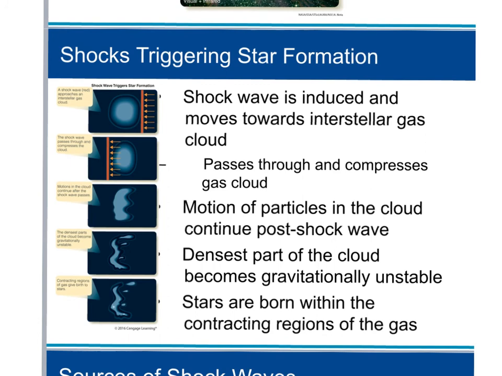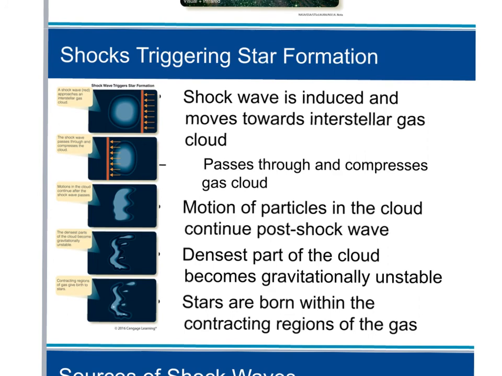In short, that wave passes through the cloud, and it begins to compress that gas. The motion of the particles in the cloud continues after the shock wave passes, and the densest part of that cloud becomes gravitationally unstable. And so stars are born within that contracting region of the gas.